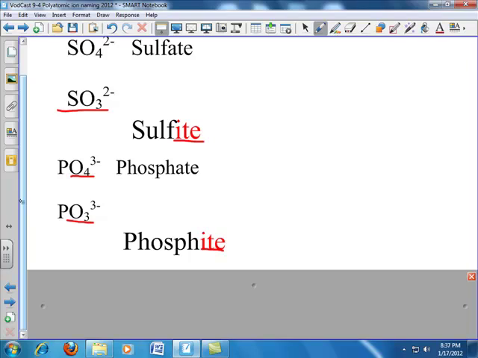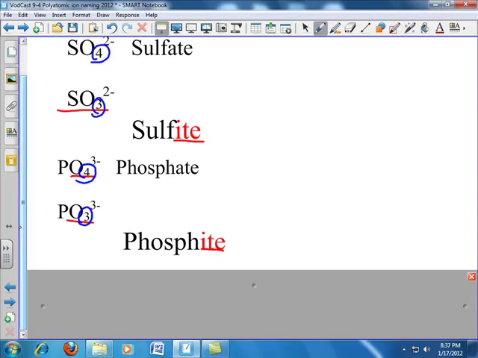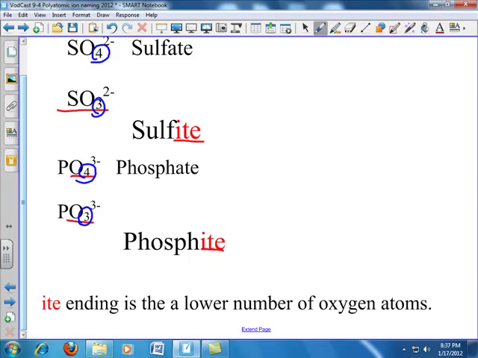As you look at that, what do you notice about phosphate versus phosphite and sulfate versus sulfite? Hopefully circling those numbers of oxygens helped you see it. The ITE ending has a lower number of oxygen atoms.